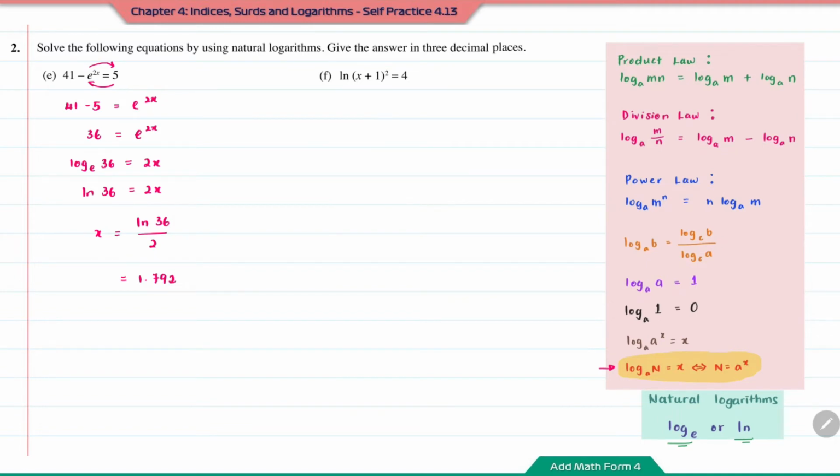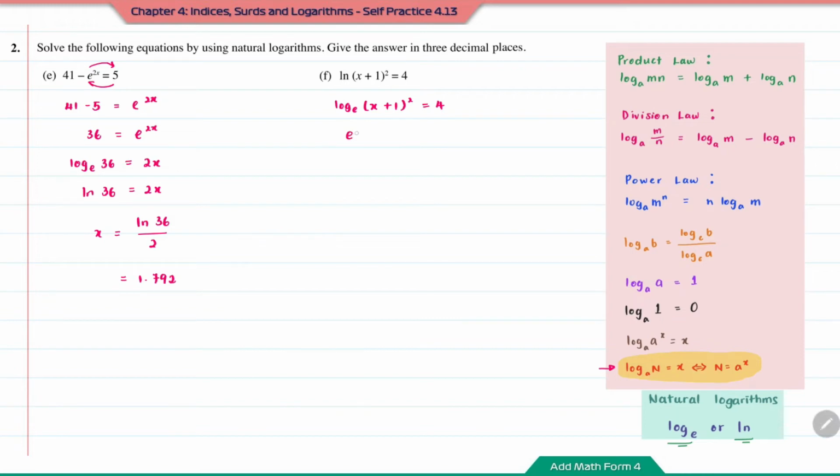Question F. ln of bracket x plus 1 squared equal to 4. So first I can write the ln as log base e. Next, to find the x, we're going to convert this log form into index form.